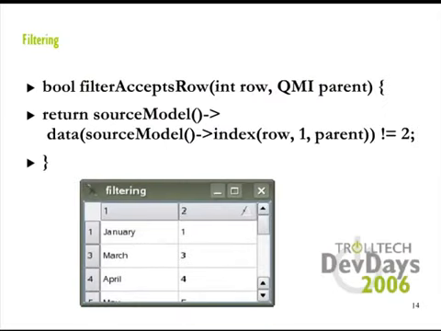So, filtering. This is the way to get rid of the falafel rows. We don't have a falafel month, so we pick on the number 2 instead.